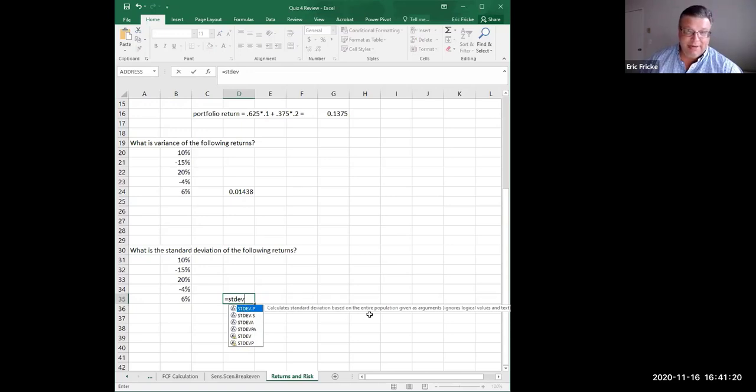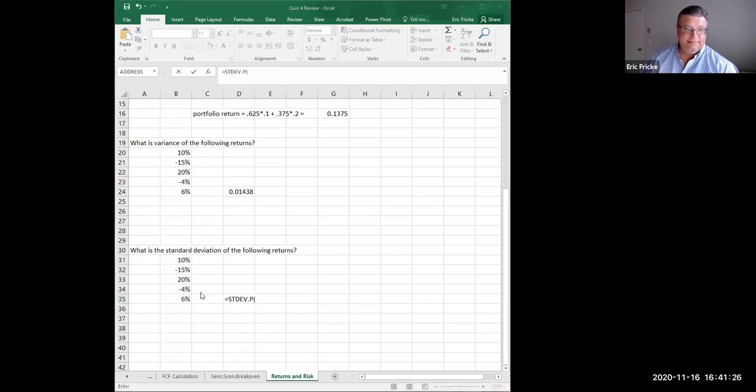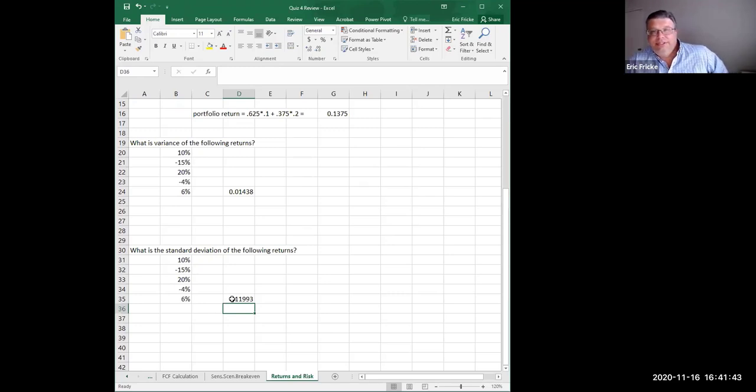We picked the one for the population, and it's STDEV.P. If you double click on that and then select the range where all your data points are, hit end parenthesis, and there you go. So standard deviation is 11.99% for those returns.